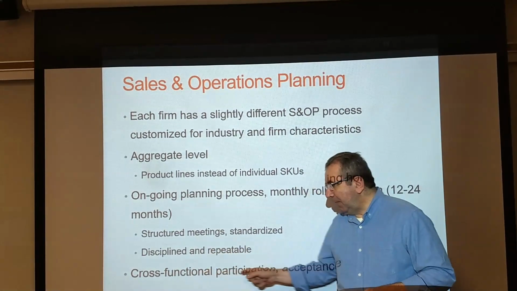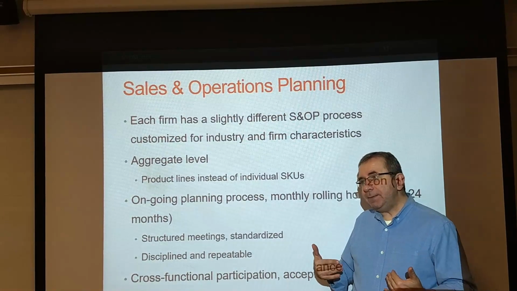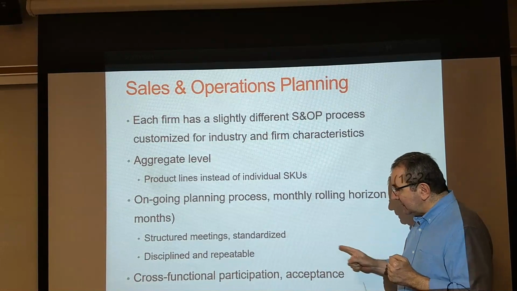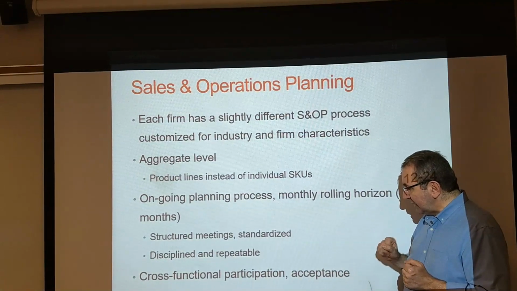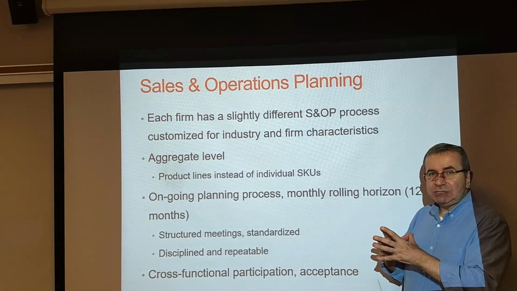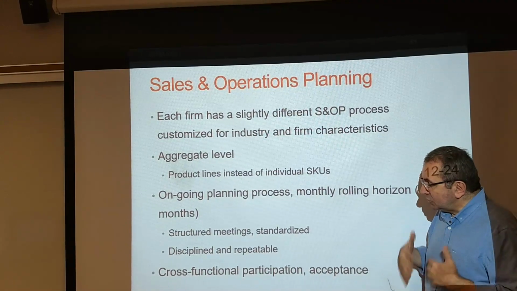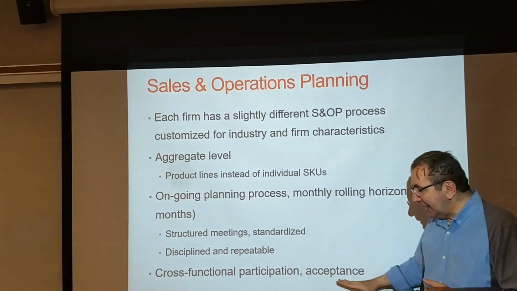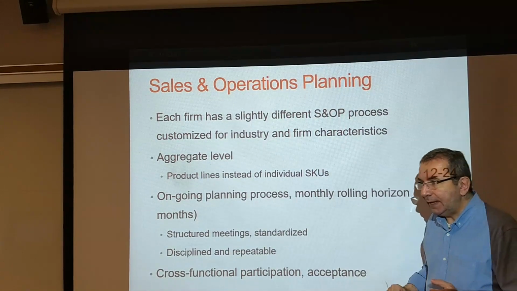All the different departments have to participate in this. So every department should bring in their input to the table, and at the end of the sales and operations process, everybody should accept the consensus forecast and the consensus plan. Okay? So the idea is, let's get everybody around the table and let's come up with a solution that everybody accepts. Okay?